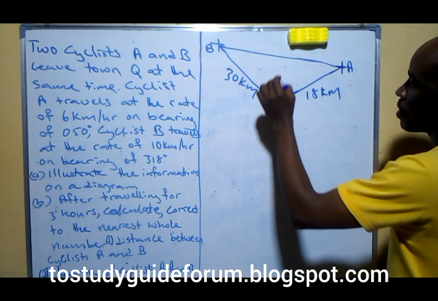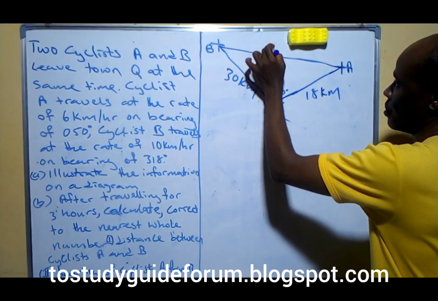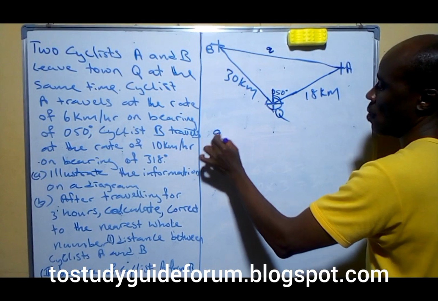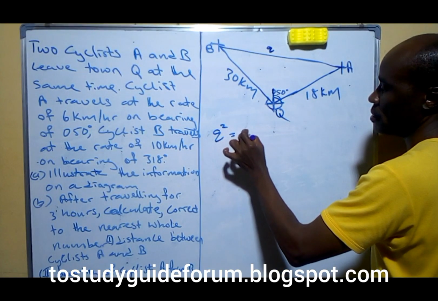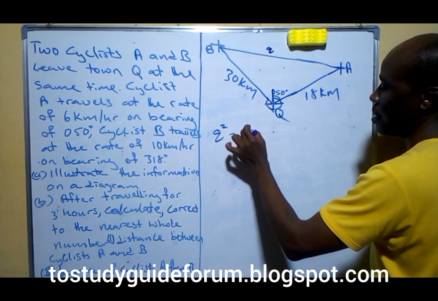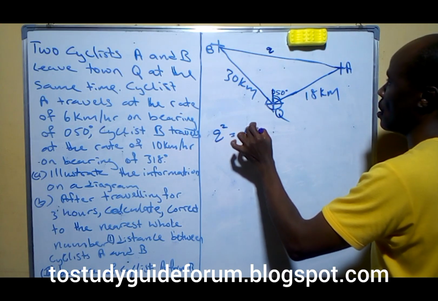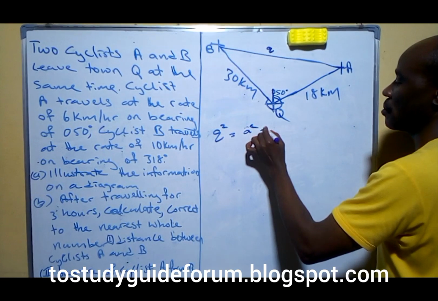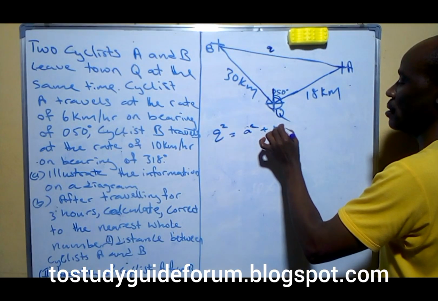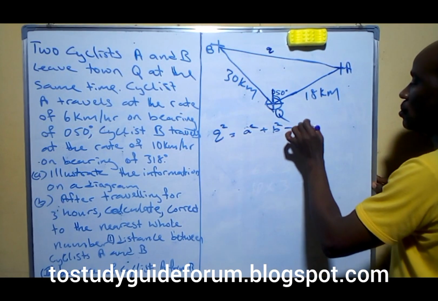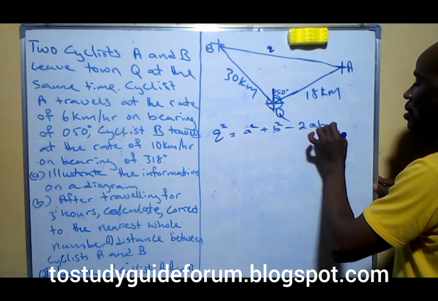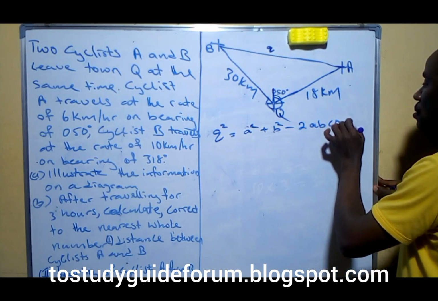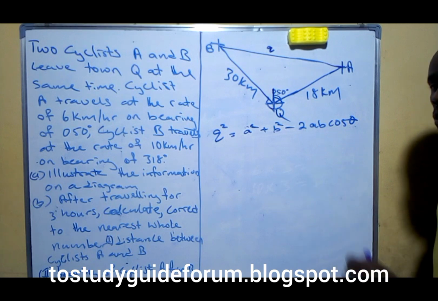We can call this side small q. So we have q squared equals a squared plus b squared minus 2ab cos theta.